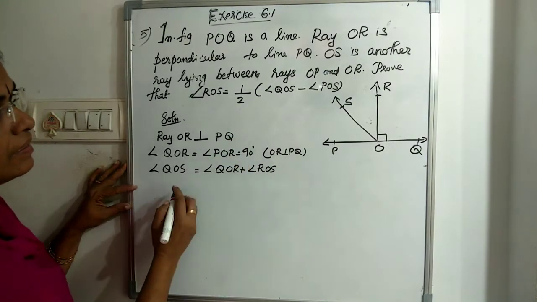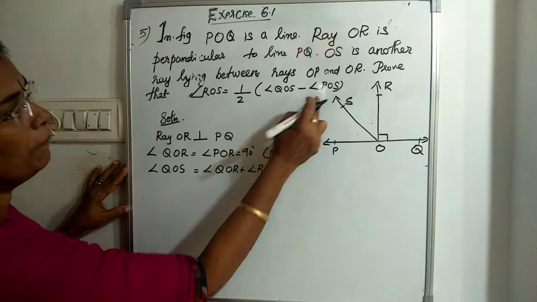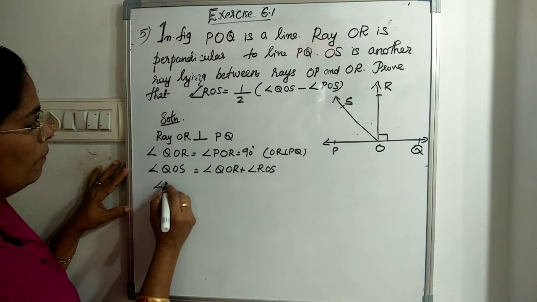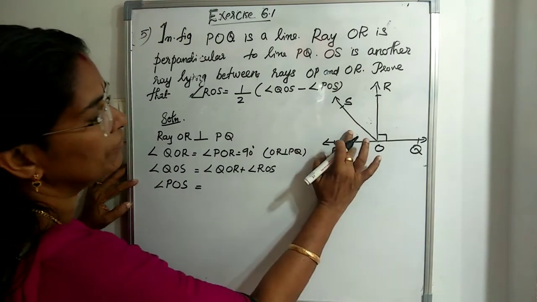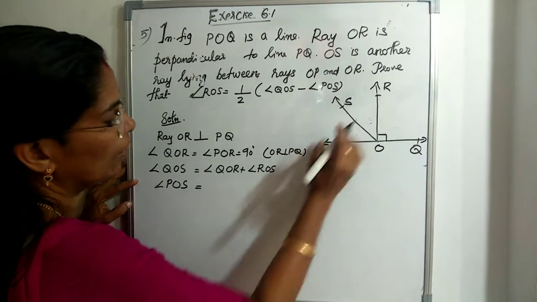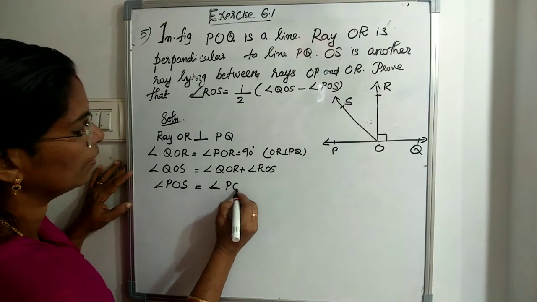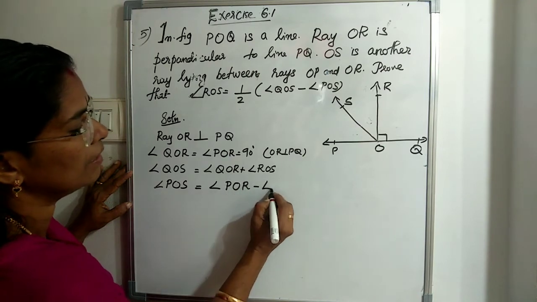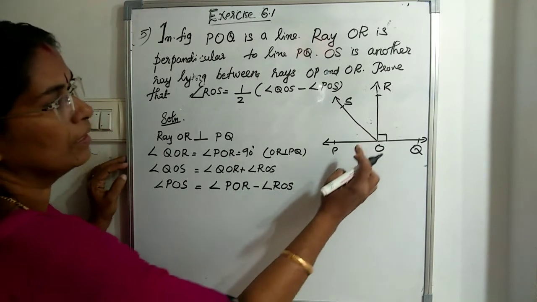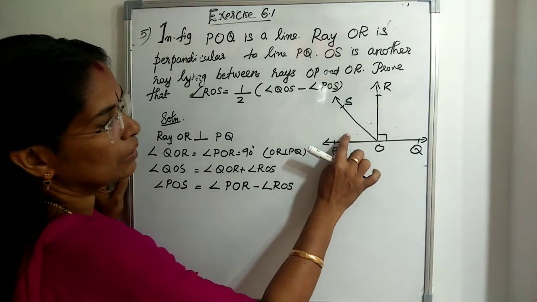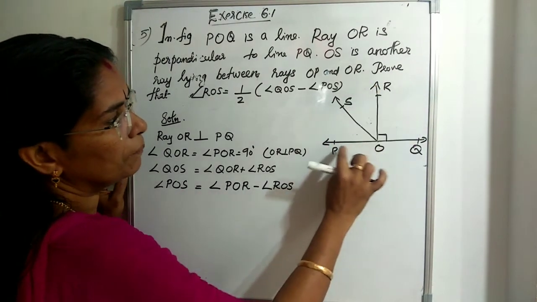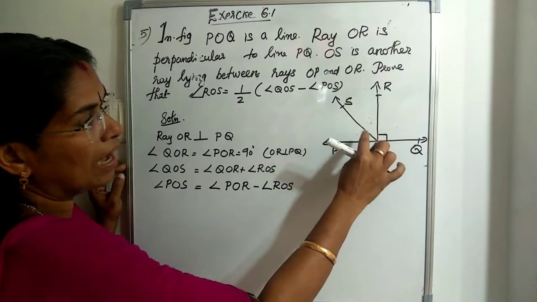Okay. Next angle, we need angle POS. Angle POS is equal to, this angle we need, then big angle POR minus angle ROS. Look at the figure, then only it will be clear. Angle POS is equal to big angle POR minus ROS.